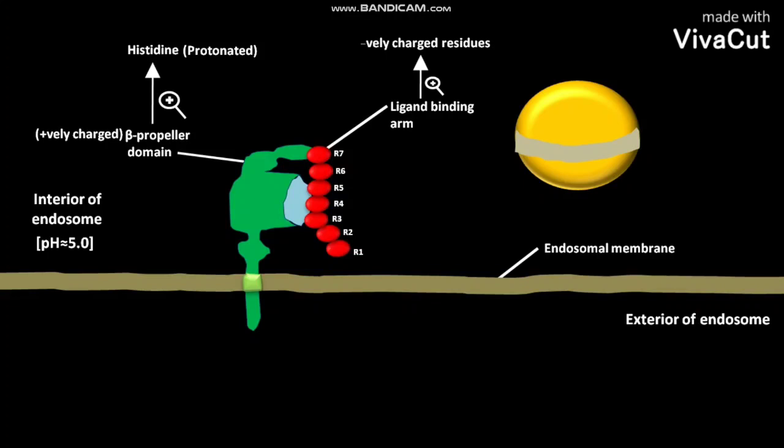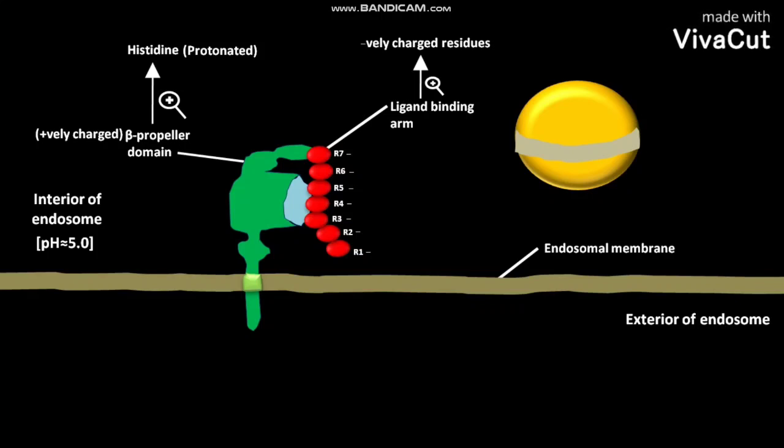As a result, all the imperfect repeats like R1, R2, R3, R4, R5, R6, R7 present in the ligand binding arm are negatively charged. So, there is a high affinity binding between the beta propeller domain and ligand binding arm.